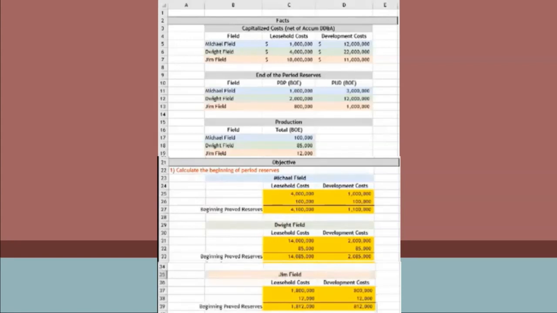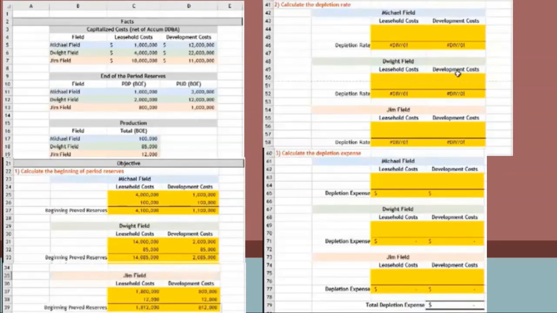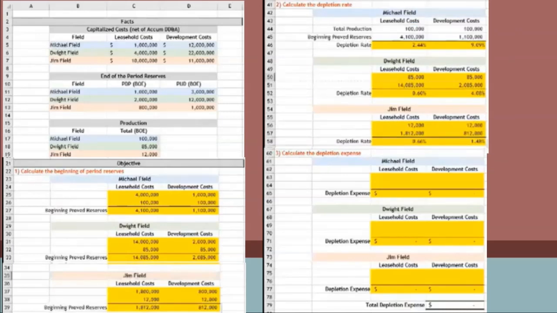Basically, for the depletion rate we need to take the production for the period. So let me just grab this. Production for the period is going to be the 100,000 again, and then we divide it by beginning period reserves. So we get this 2.44 and a 9.9 depletion rate.